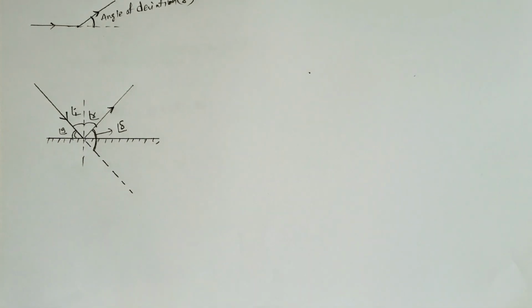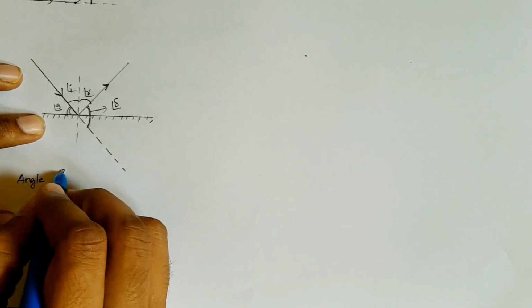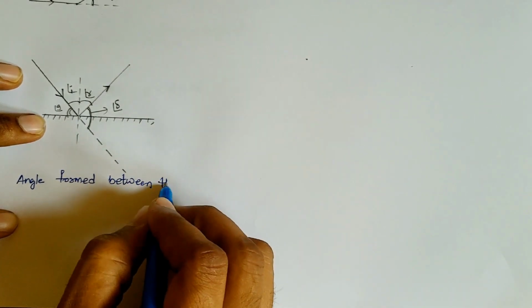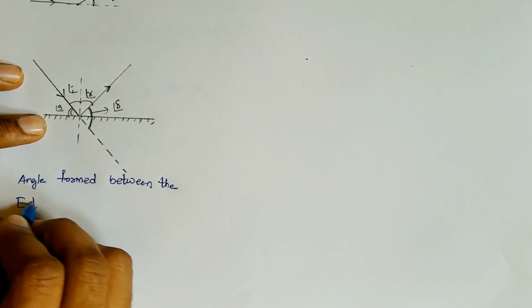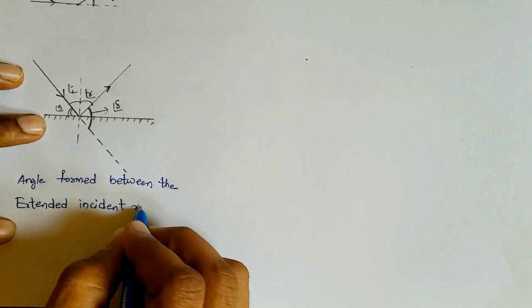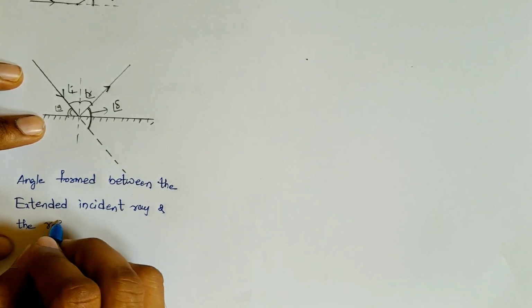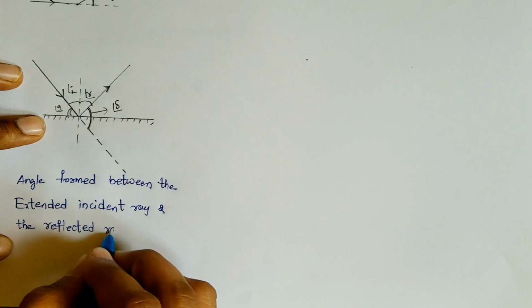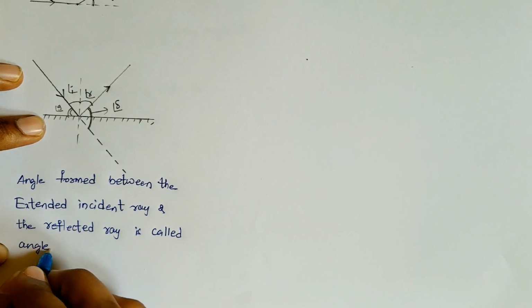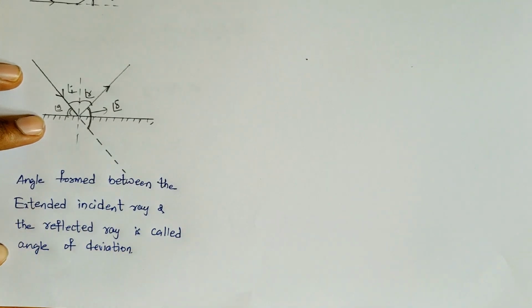The angle formed between the extended incident ray and the reflected ray is called the angle of deviation.